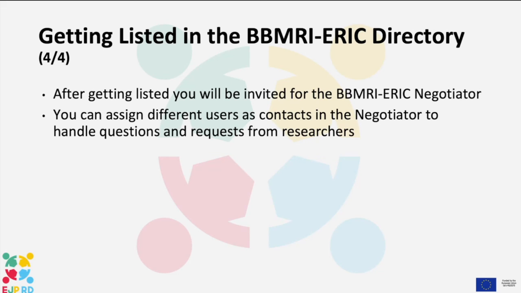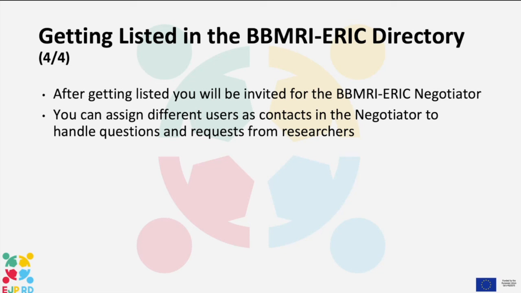After you get listed in the directory, you will get at some point, which might take a couple of weeks, an invitation from BBMRI HQ to get listed in the BBMRI-ERIC Negotiator.